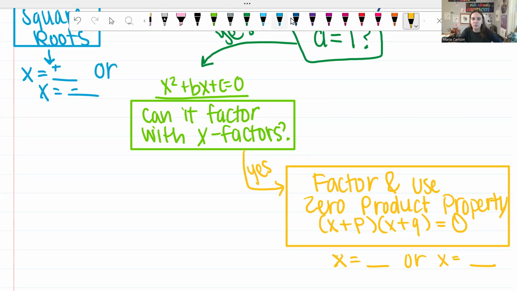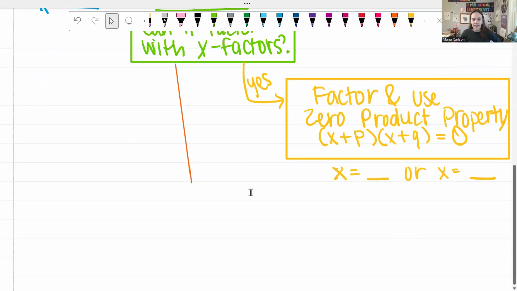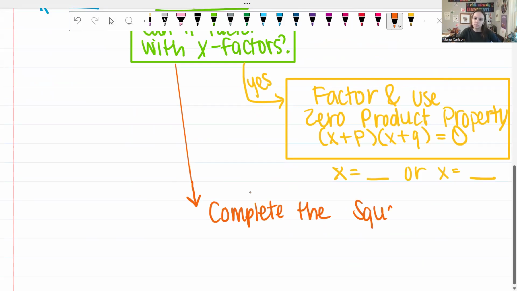If it's not factorable, if we cannot factor and use that zero product property, what do we do? That is when we then try to complete the square or use the quadratic formula.